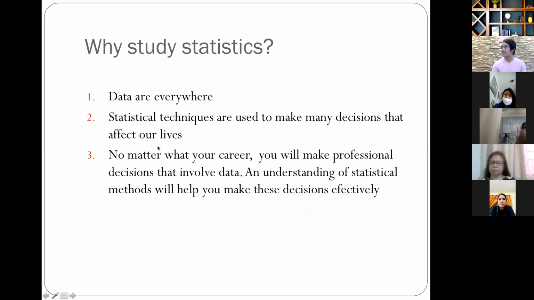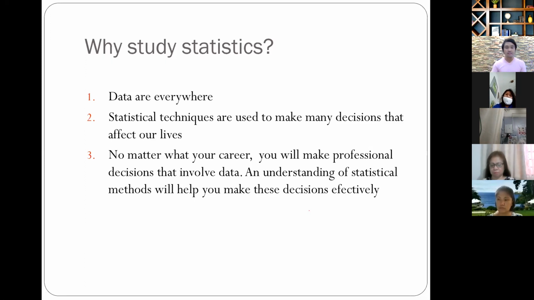And statistics will tell us whether a relationship exists, whether effects, impact, or influence exist in our research paper, in our data, or whether there are differences, for example, in the responses of the different respondents. So these statistical techniques will lead us to make decisions eventually in formulating conclusions.